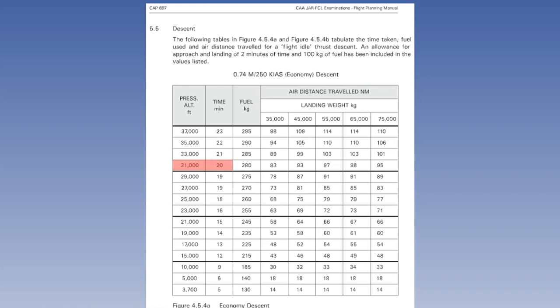Along that row, read a time of 20 minutes, 280 kilograms of fuel, and under the landing weight of 55,000, read the air distance travelled of 97 nautical miles. Included in the figures we have just extracted from the table is an allowance for the approach and landing of 2 minutes and 100 kilograms of fuel.